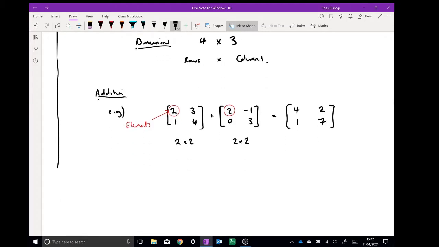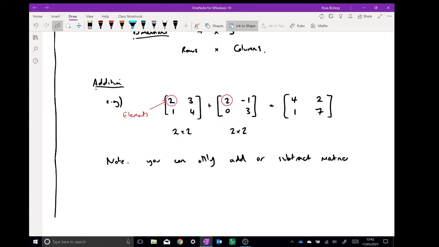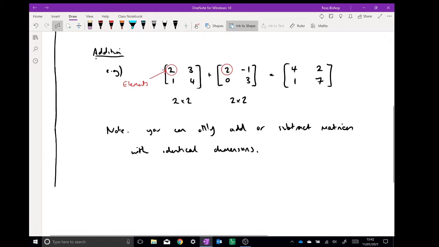That's how we add or subtract matrices. Note, you can only add or subtract matrices with identical dimensions. So you couldn't do something like a 1, 2, 3, 1 add 3, minus 1.